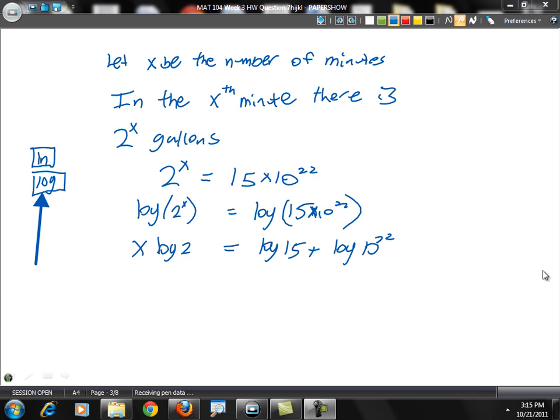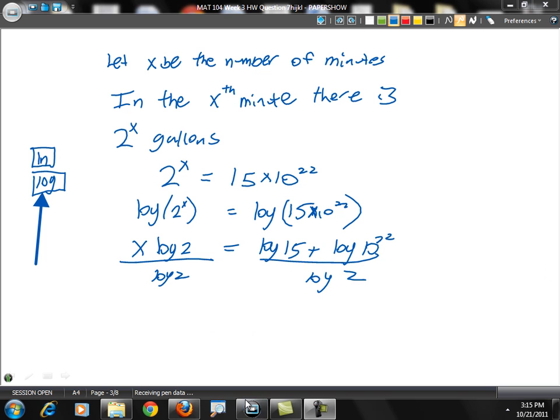Right, because all the rules of the logarithms are just based on the rules of exponents, because a logarithm is an exponent. It's what you raise the base to get the number. Alright, so here we almost got x by itself, so divide both sides by log 2. And then we have our answer.